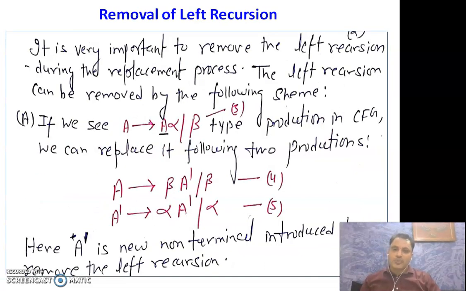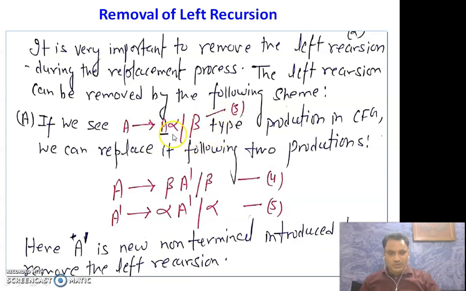It is important to remove the left recursion during the replacement process. The left recursion can be removed by the following scheme. In the first part we will discuss a specific production, and in the second part we will discuss a generic case. Let's say the production is in the following form: A derives A alpha and beta.